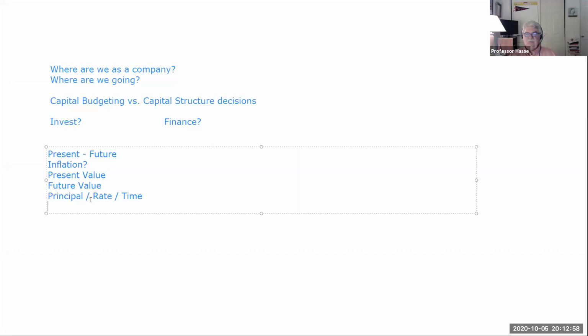Remember last week when I showed you that PowerPoint of key indicators in the market? And remember that one, the 10-year United States Treasury yield? That's a key present value and future value interest rate in the market. We'll talk about that next week. Principal, dollars; rate, interest; time, over how many periods?